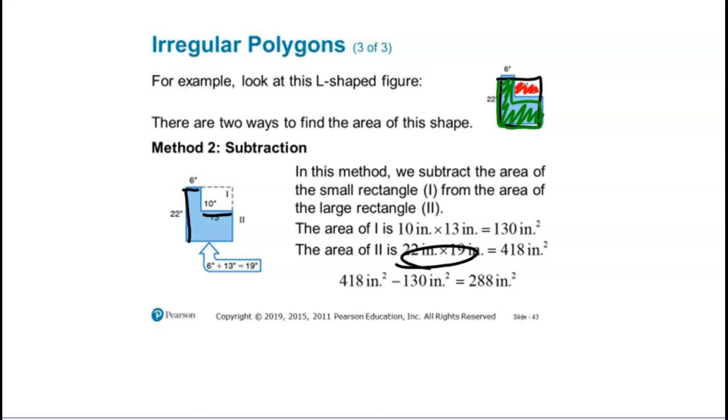And then the space that's missing is, well, there's 10 feet of space missing here, and there's 13 feet missing here, and so that's going to be 130 square feet, so you just subtract the smaller rectangle from the larger rectangle, and you end up with the area of the irregular polygon.